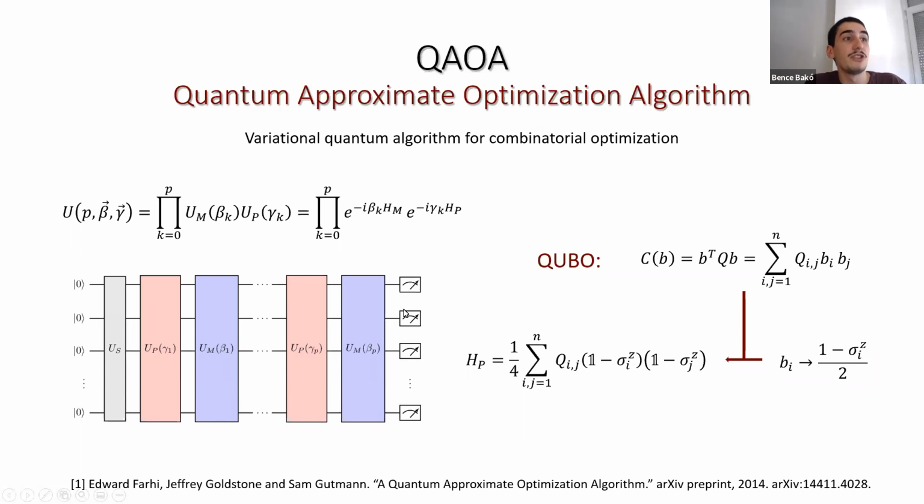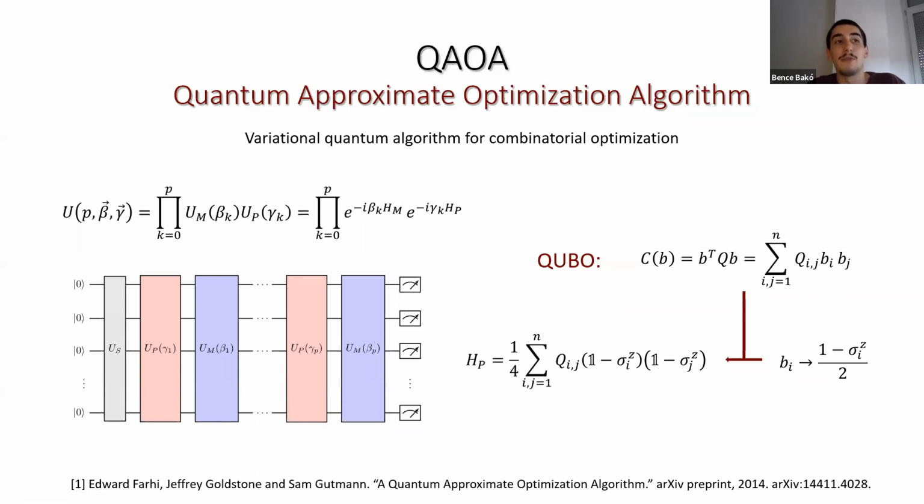Now at the end, if we measure in the computational basis, then we get a bit string that solves our problem of interest. These problems are usually formulated as quadratic unconstrained binary optimization, or QUBO, problems, which with this simple transformation can be embedded into the ground state problem of an Ising Hamiltonian of this form.